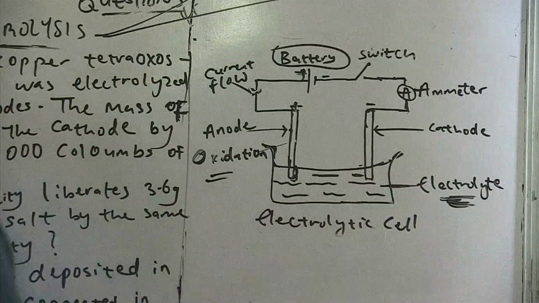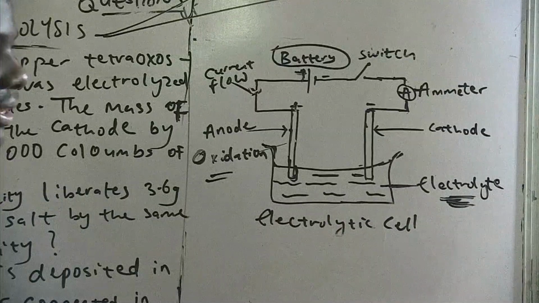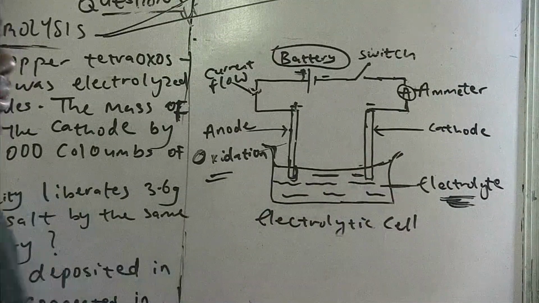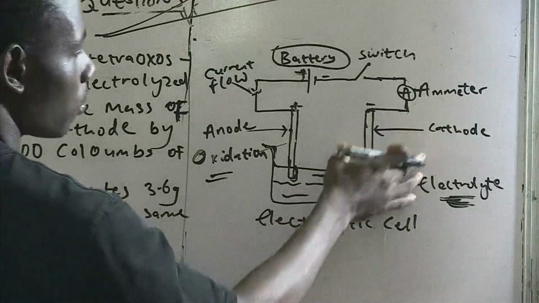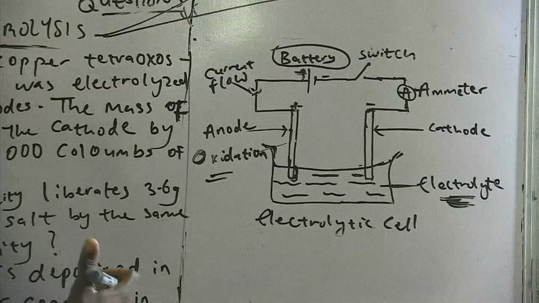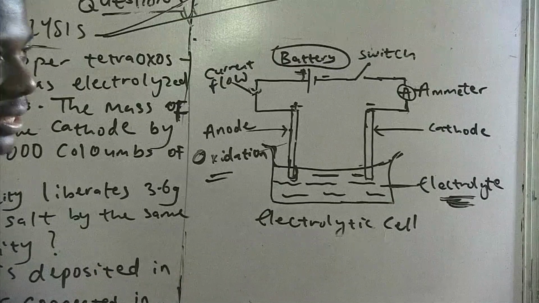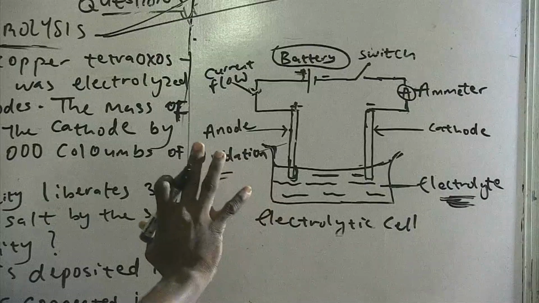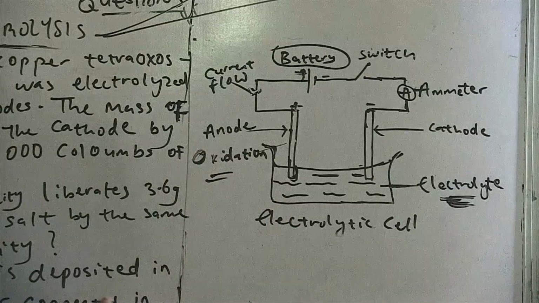At the cathode, cations migrate to the cathode, and then they gain electrons and get deposited. So deposition happens at the cathode, and at the anode you can have gas being liberated. Please take note of those things. Having known that, we'll solve questions soon.